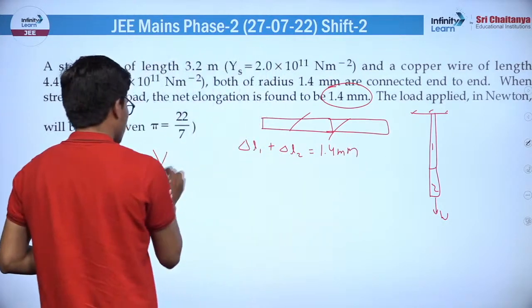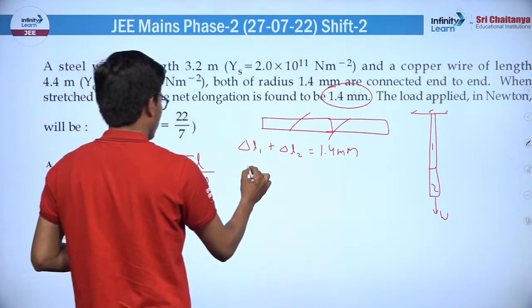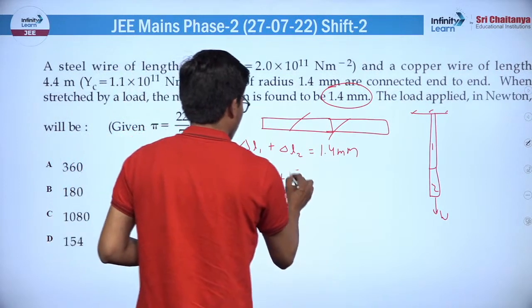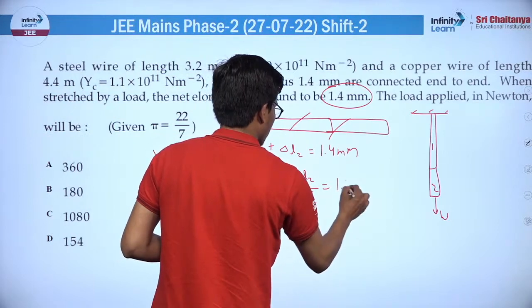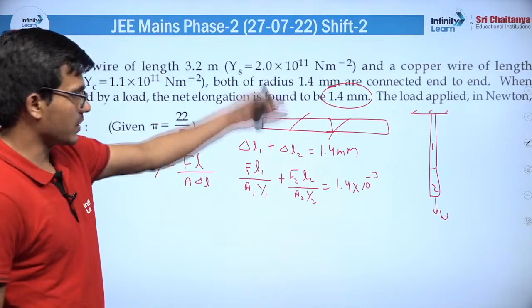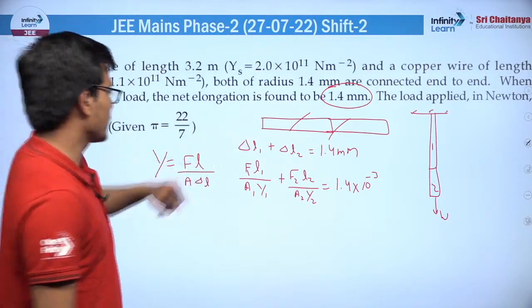By Hooke's law, you can write Y = FL upon A delta L. So delta L will be F L1 divided by A1 Y1 plus F2 L2 divided by A2 Y2, that is equal to 1.4 into 10 to the power minus 3, right? And obviously in both the wires tension will be same, and that is something we have to find.